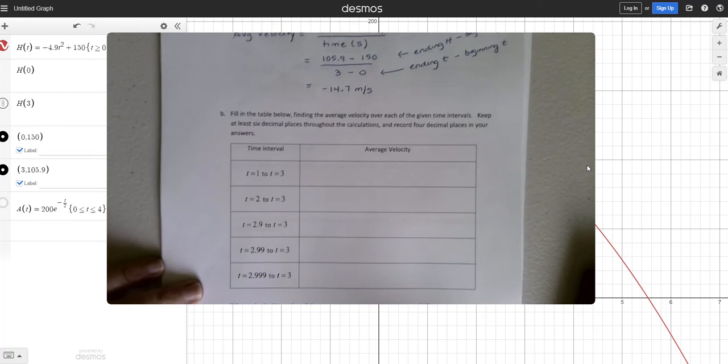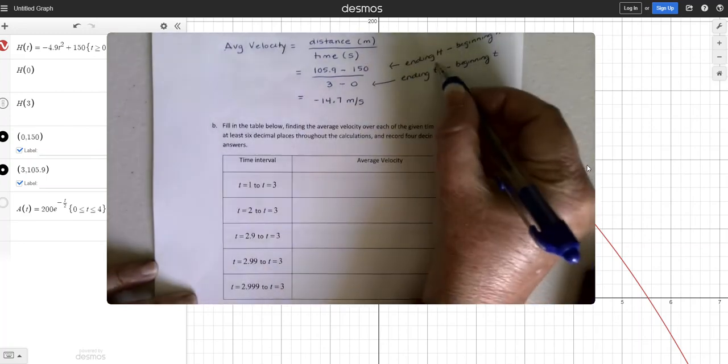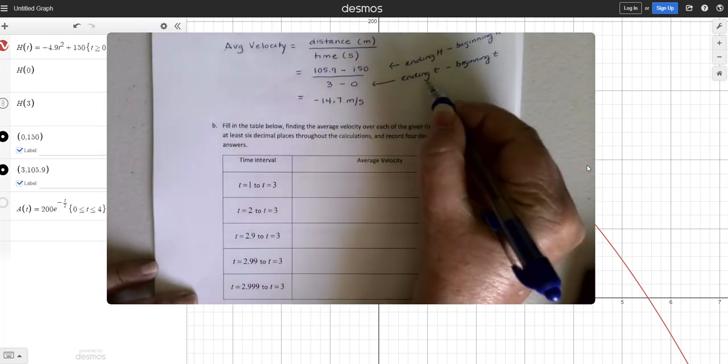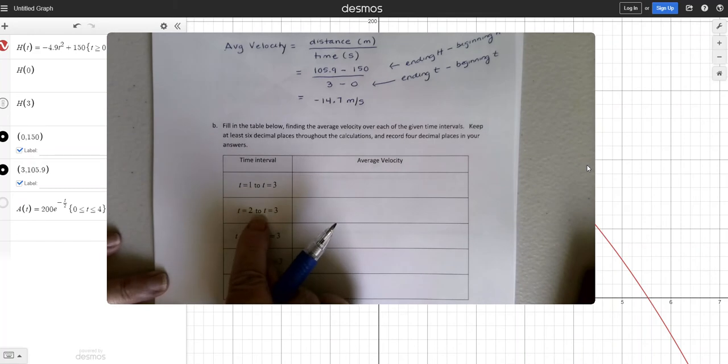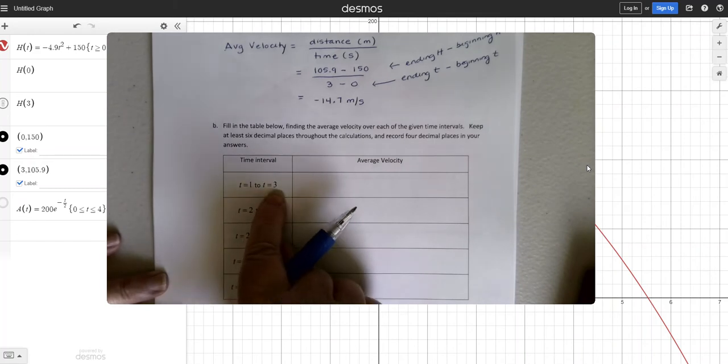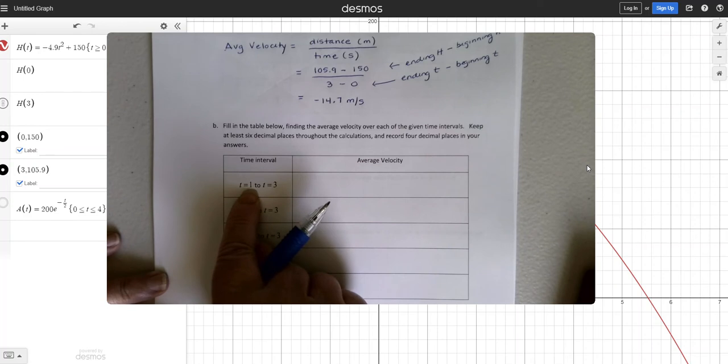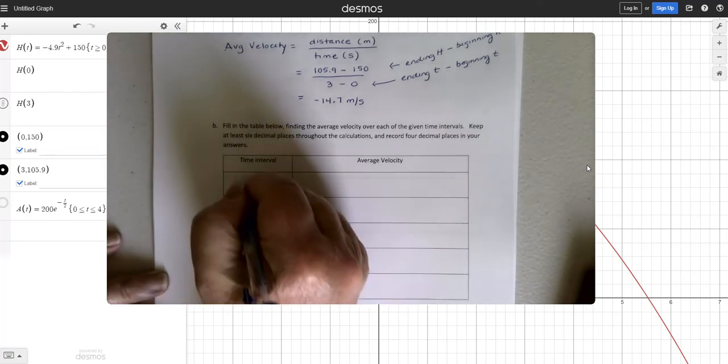I'm going to use this idea of ending height minus beginning height over ending time minus beginning time all the way through here. So here, my ending time is 3, my starting time is 1.